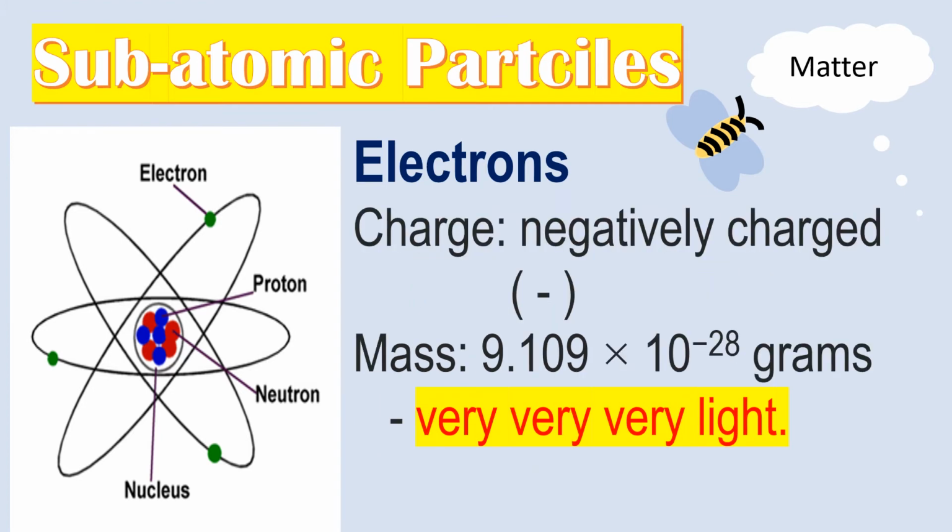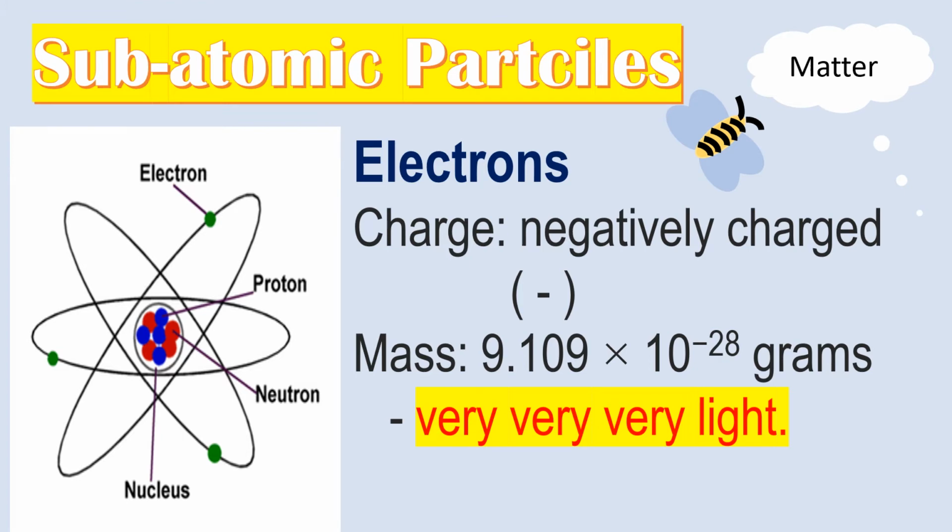The charge of the electrons is negative, and the mass of electrons is 9.109 times 10 to the negative 28 power grams. This is the reason why electron is very light compared to other subatomic particles.